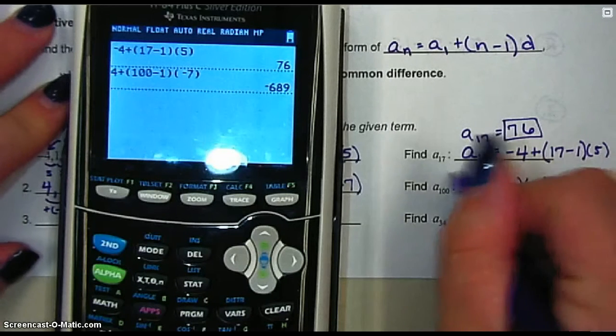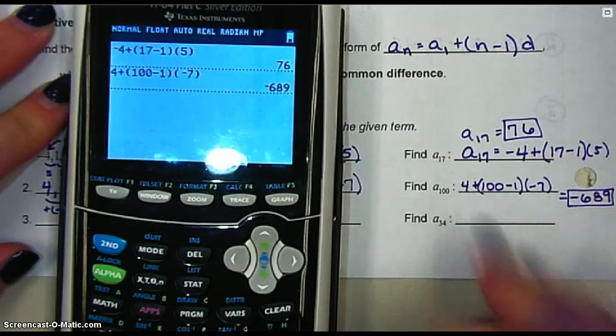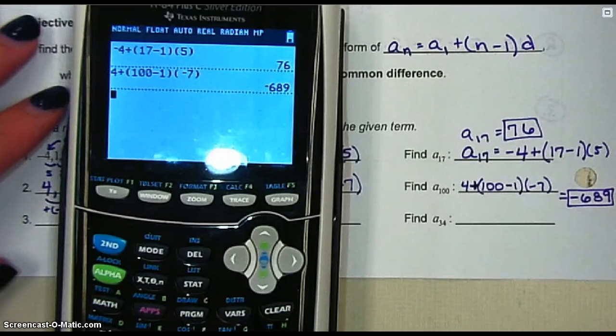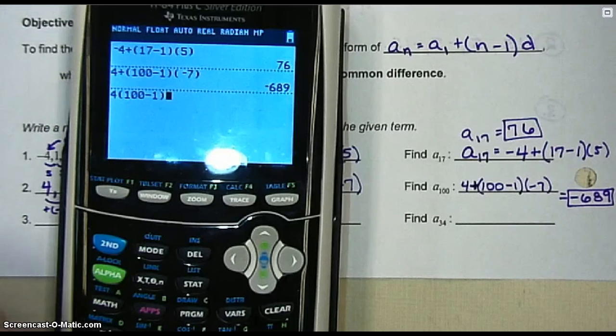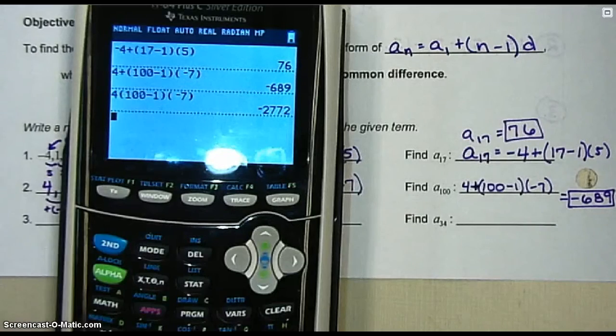So the 100th term is negative 689. Please don't forget the plus sign. If you do, it'll be incorrect. Because notice, if you don't put the plus, it's a completely different number. Much larger number because you're multiplying.